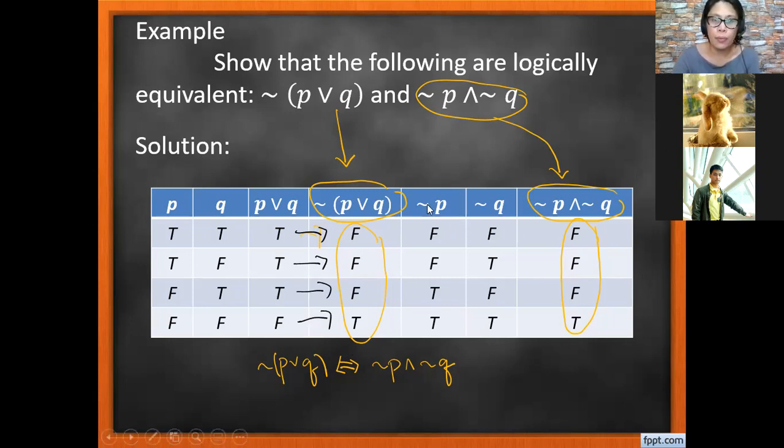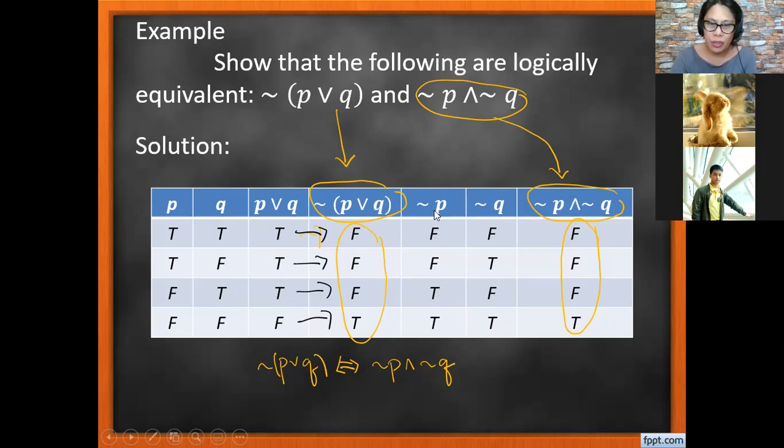Okay? So, since we are going to work on the truth value of negation of P and negation of Q, we have to work on negation of P and negation of Q. So, if P is true, its negation is false. True, false. False, true. Likewise for Q, true, false, false, true. Now, we will combine the two statements using the connective and.